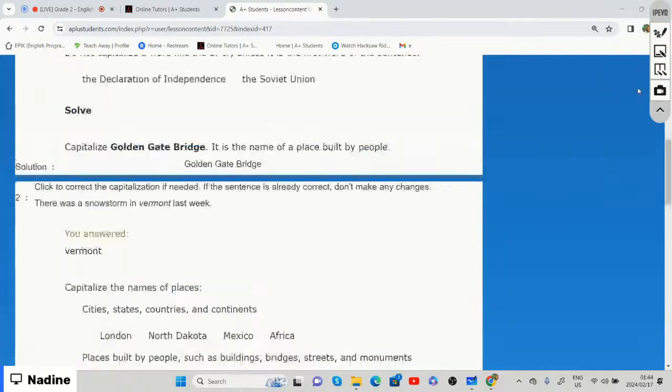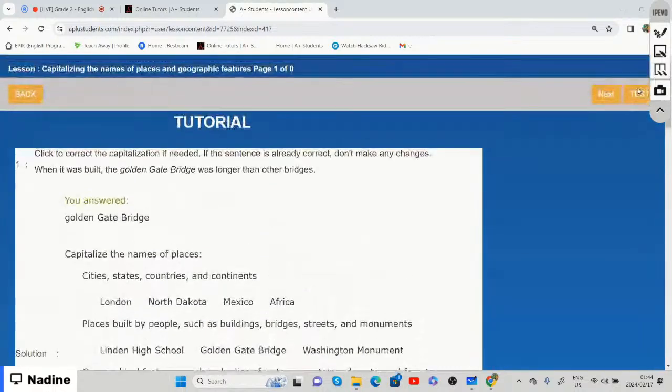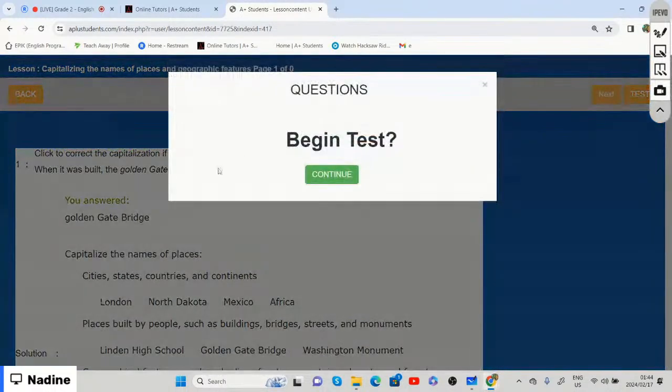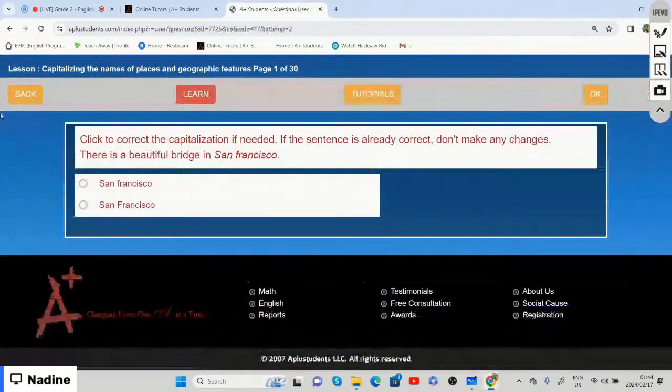All right, and now we're going to our test. There is a beautiful bridge in San Francisco.